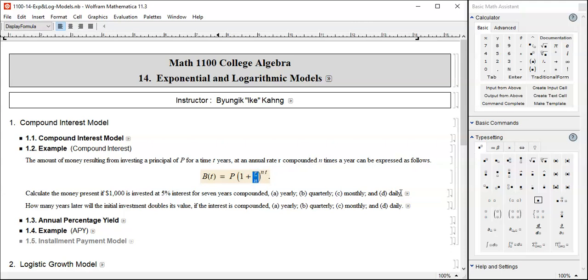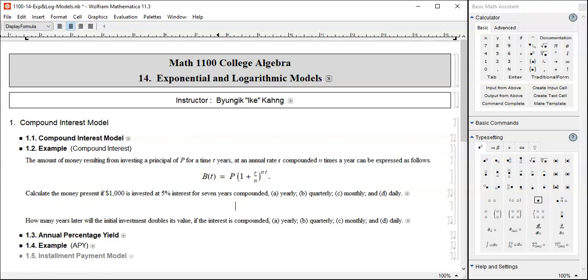And then n value is given differently. Yearly, n equals 1, quarterly, n equals 4, monthly, n equals 12, and daily, n equals 365. So, what do we do? You just calculate this thing, pick up your calculator, and just do that.